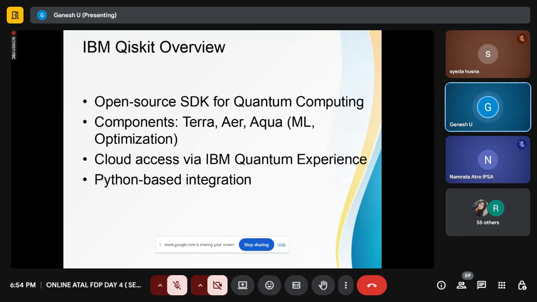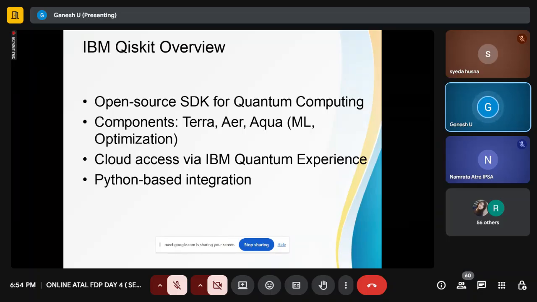Next, QSkit optimization, for optimization problems. So now, how do we see the features we can get through the cloud?